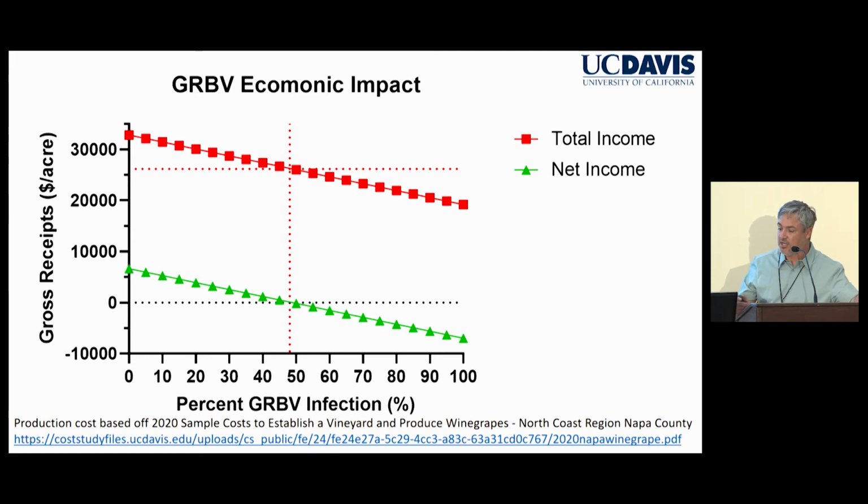And so what this really highlights is that the more red blotch you have, and that's shown here on the x-axis, the incidence of infection, the more impact it has on your quality, which is going to directly impact the amount of income that you have, which is shown in the green line here, which would be your total income minus your expenses.